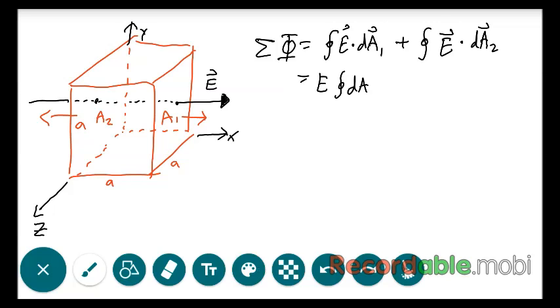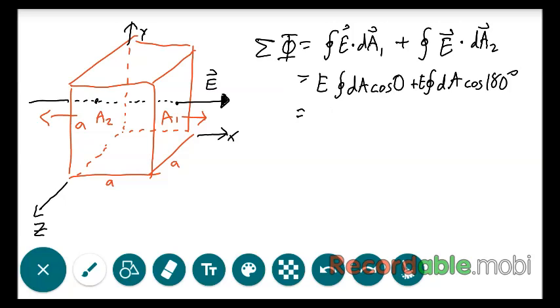Therefore, this would be dA cosine 0, since the E field vector and the area vector are in the same direction. Now for this side, we have dA cosine 180 degrees since they're running in opposite directions.